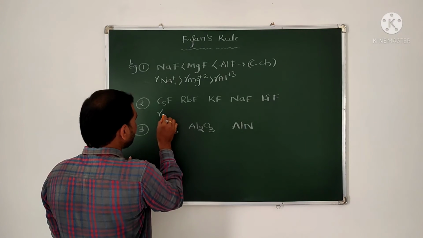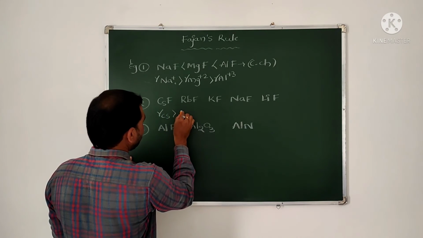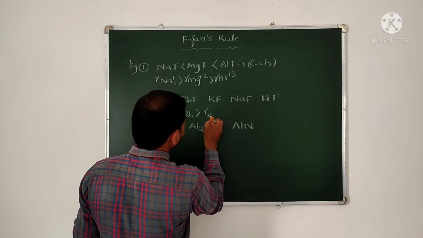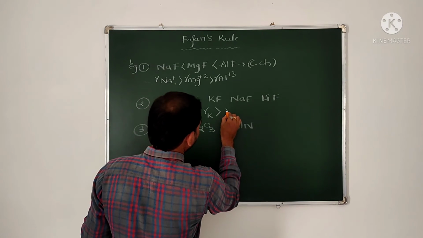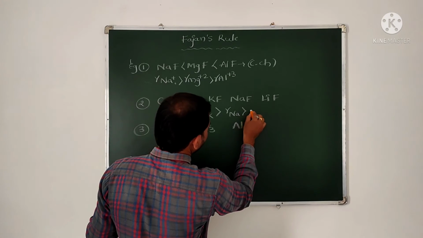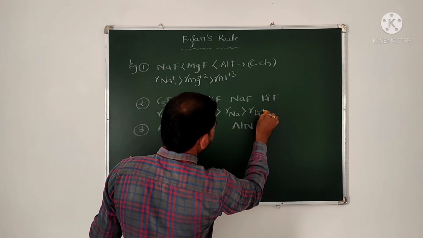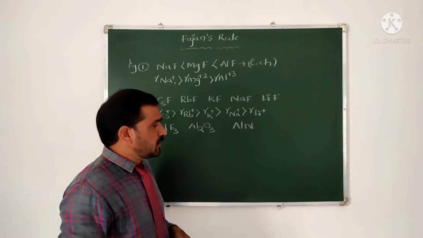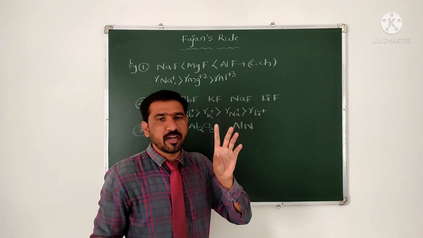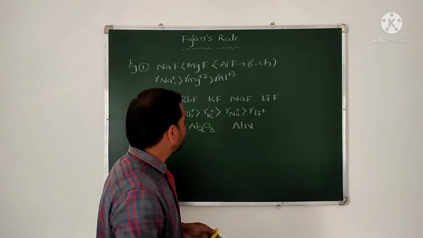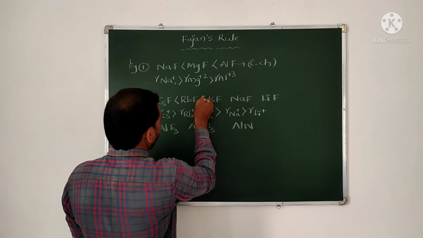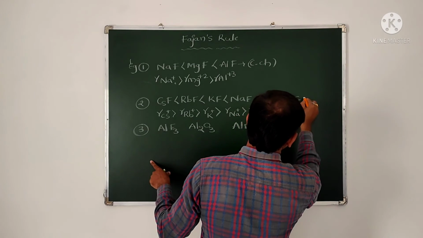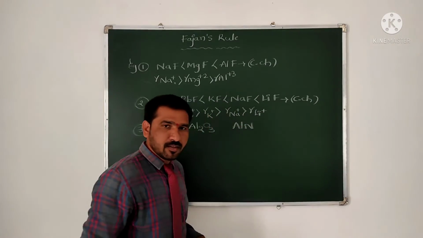Therefore the radius of cesium is greater than rubidium, greater than potassium, greater than sodium, greater than lithium. Smaller size cation has more covalent character with respect to Fajan's rule. Therefore this is the order explaining Fajan's rule and covalent character. This is about what, beta? Covalent character.